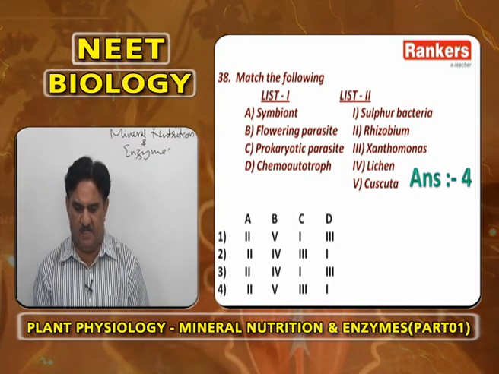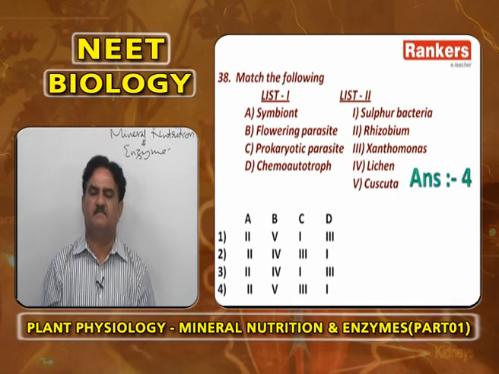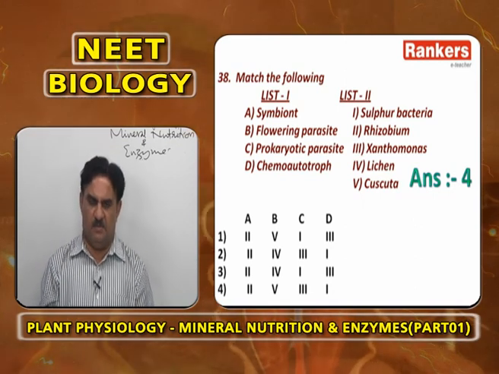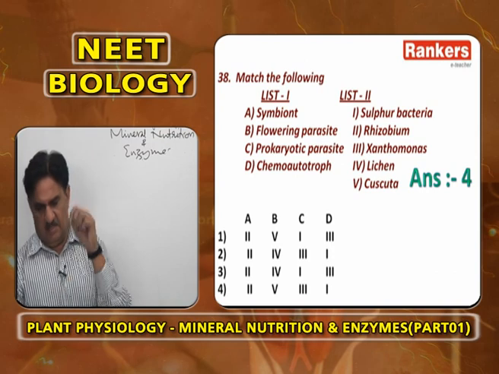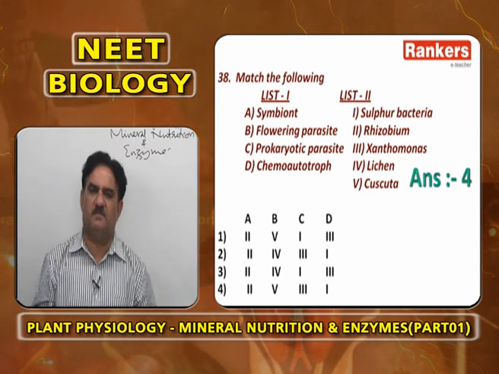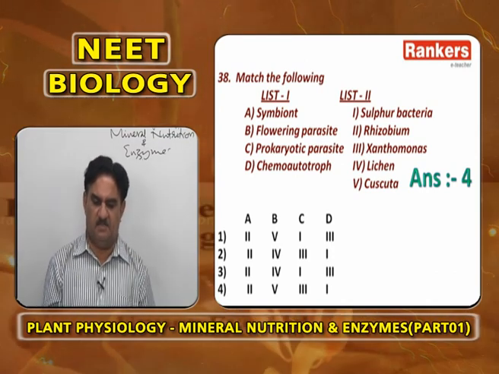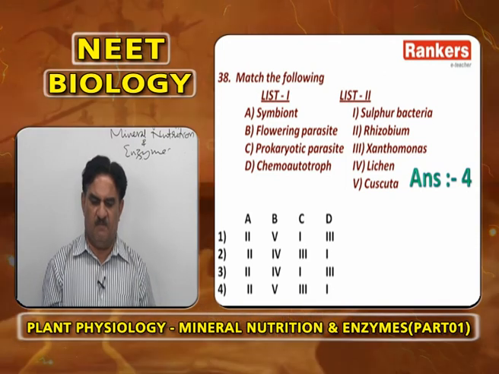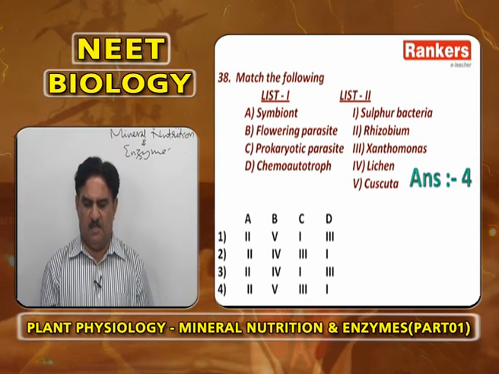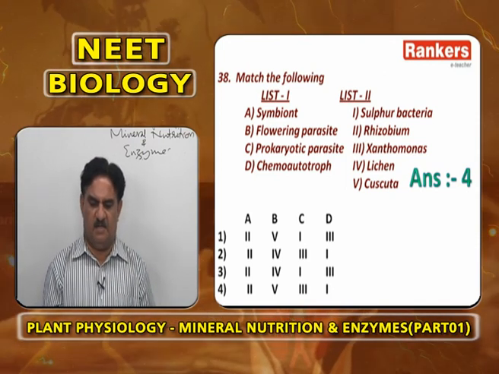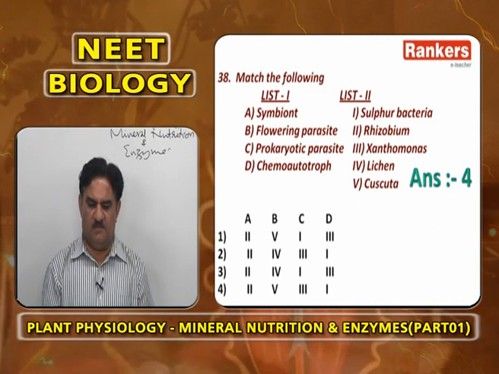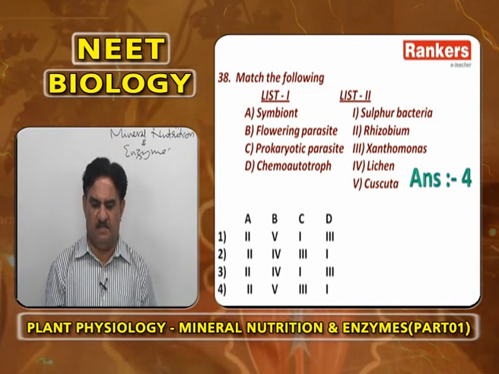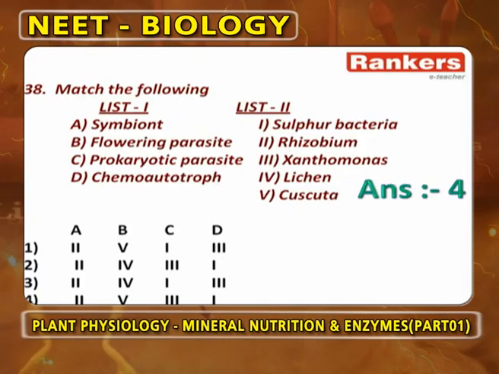Prokaryotic parasite is xanthomonas. And chemoautotroph is sulfur bacteria. So, symbiont is rhizobium, flowering parasite is cuscuta, prokaryotic parasite is xanthomonas, and chemoautotroph is sulfur bacteria. Answer is 4 for this.